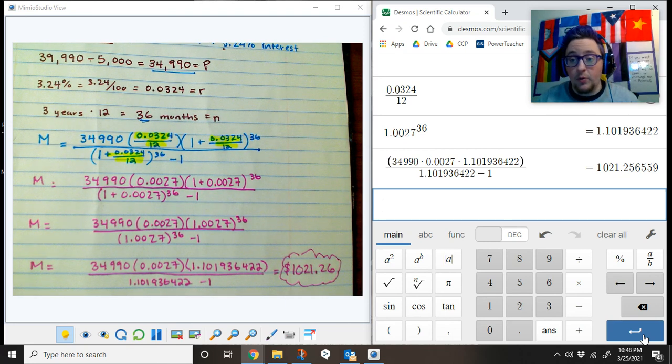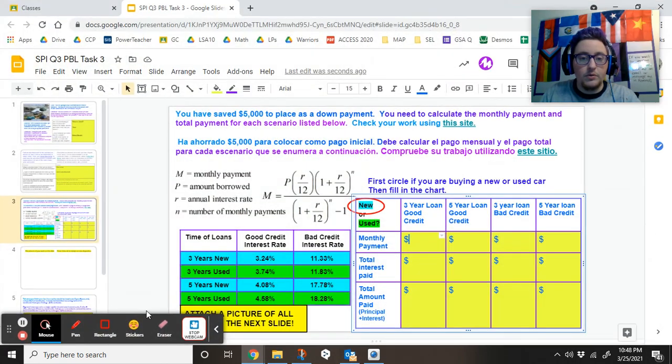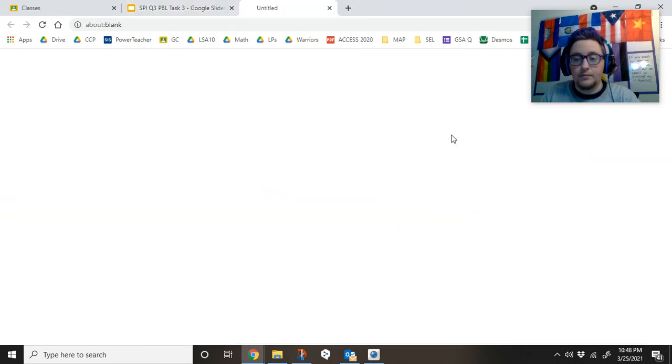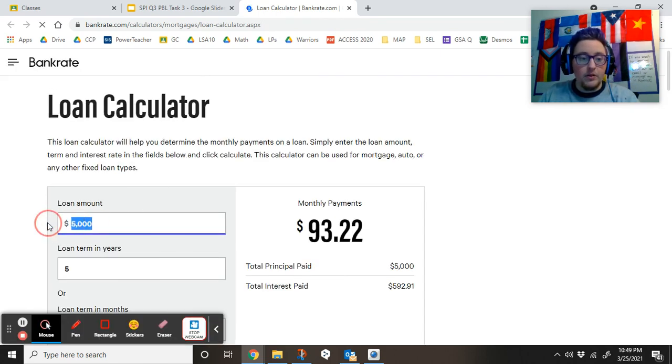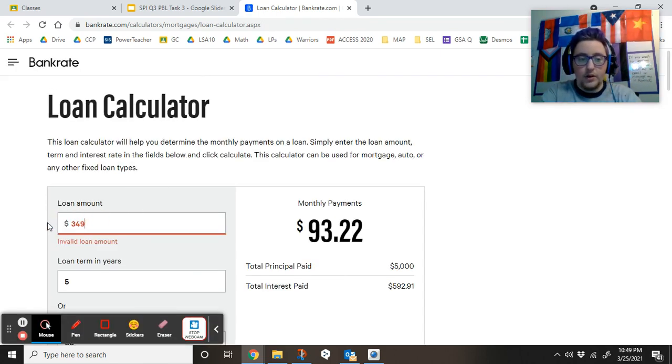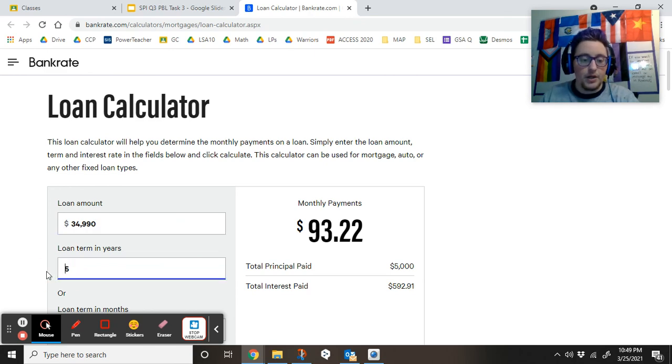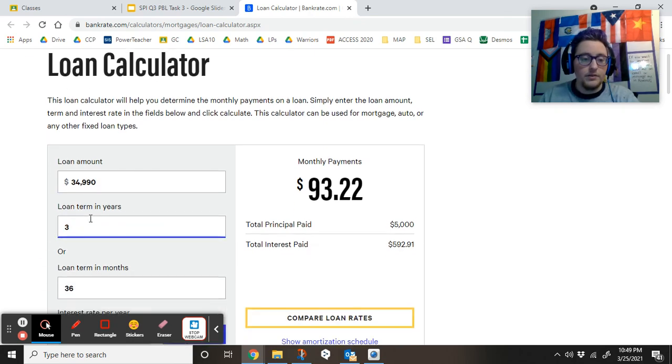I want to check my work though. So let me go back to the slide. It says you can check your work using this site. So let me see. My loan amount was 34990. My loan term was 3 years.